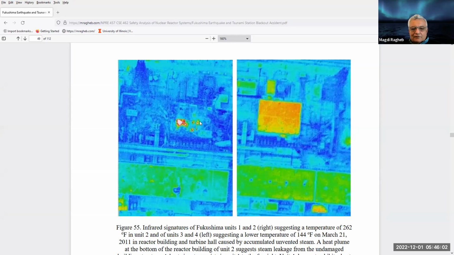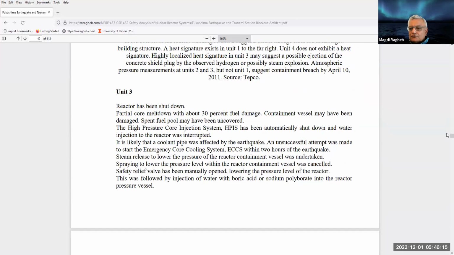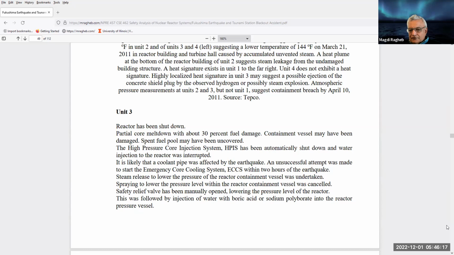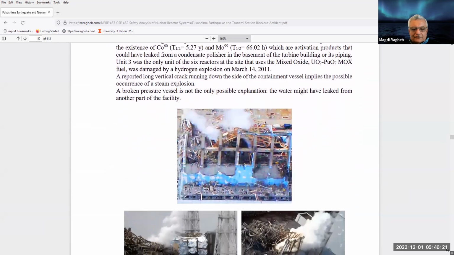And notice that some of the ejecta, stuff that was ejected from the hydrogen explosion that I'll mention in a moment, were thrown on top of the turbine hall, or the turbine building. So this is a way to describe really the details of the accident.